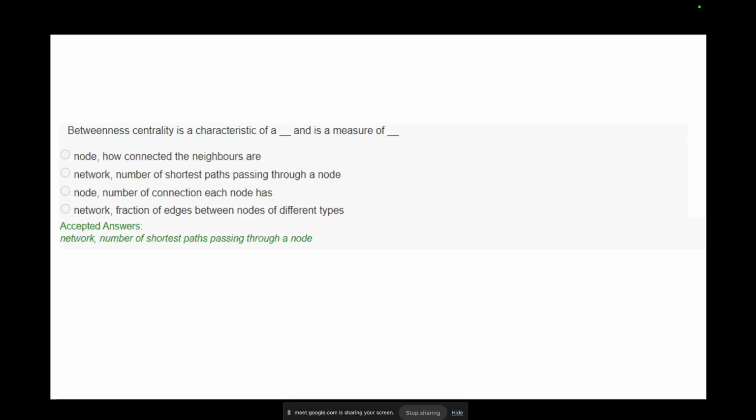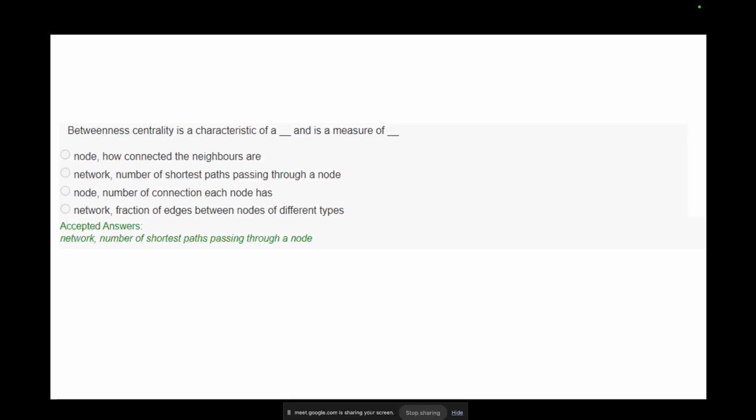It's not actually how connected the neighbors are. That is actually not betweenness centrality. That is the number of cliques or the clustering coefficient. That tells you how neighbors are connected inside a particular network. Betweenness centrality is focused on the number of shortest paths passing through that particular node.